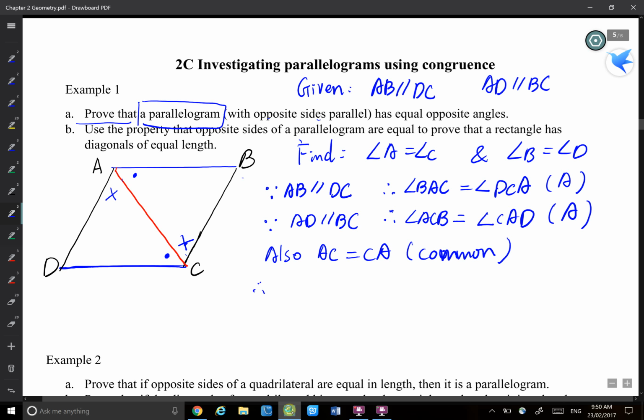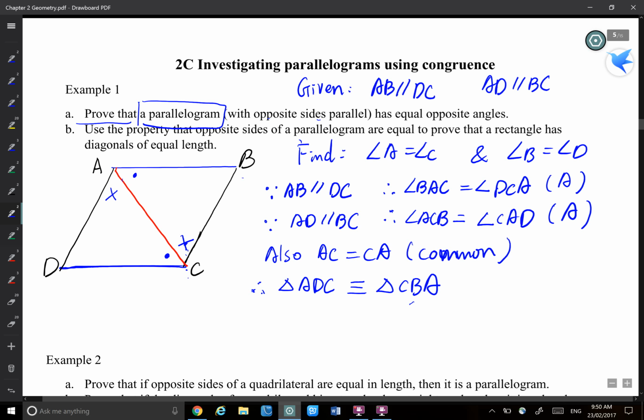So triangle ADC is congruent to triangle CBA. Write it correspondingly. If I have ADC, A is this angle, so this corresponds to C. D and B will be the corresponding pair, and then A and A will be the corresponding pair.